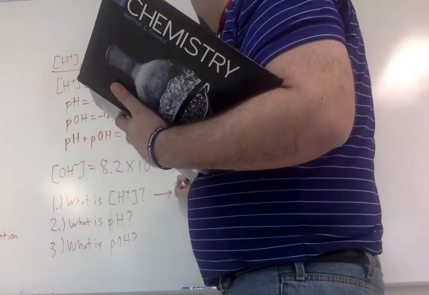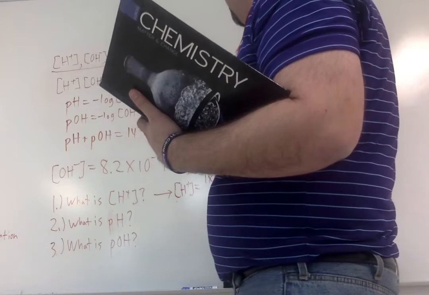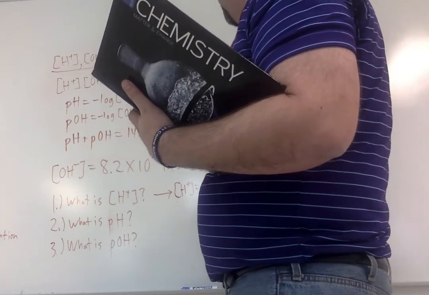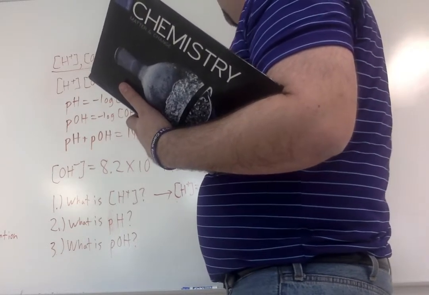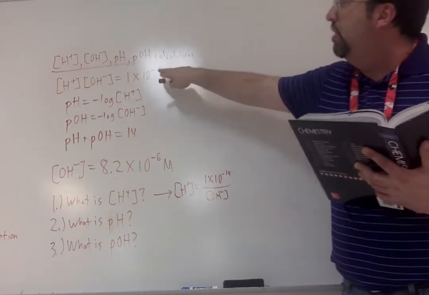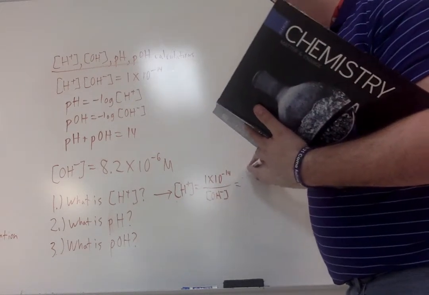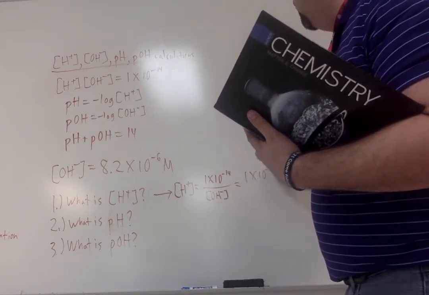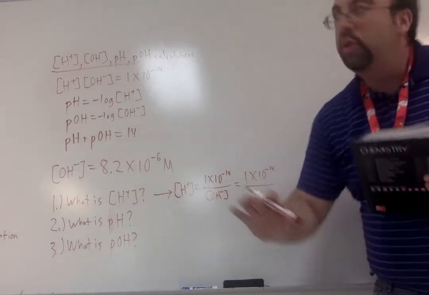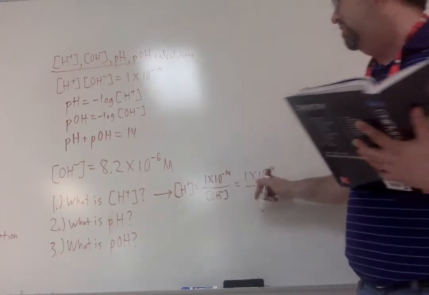We can say H+ is equal to 1 times 10 to the minus 14 divided by OH minus. So I just rearranged this equation to solve for H+. And we're told that our hydroxide ion concentration is this, so we just plug this in down here.